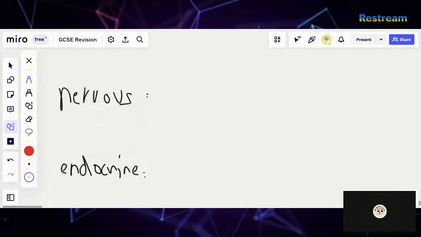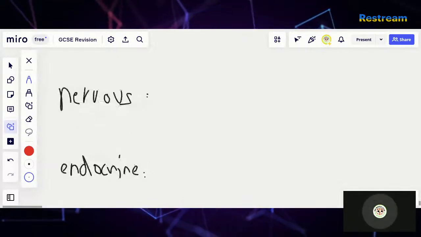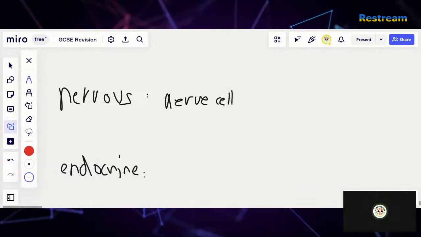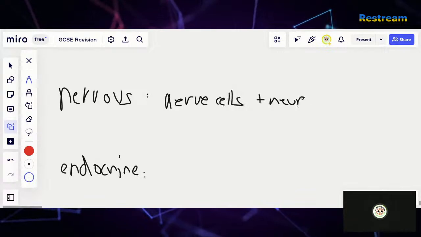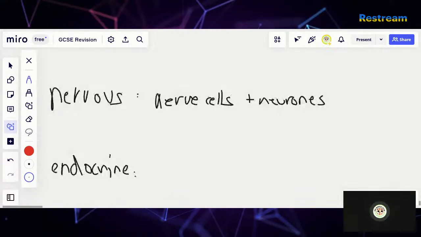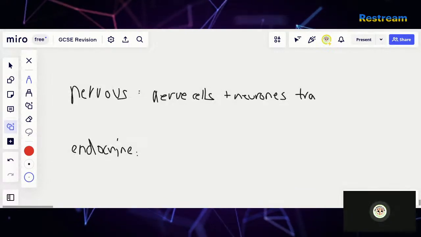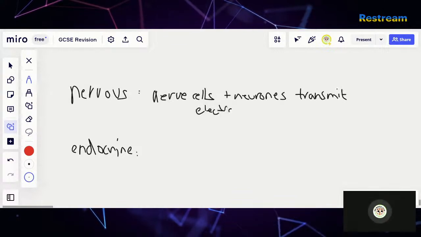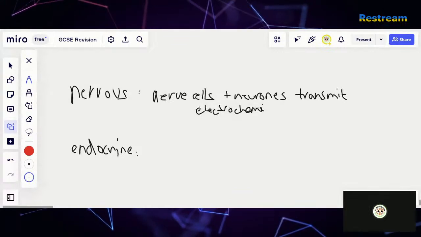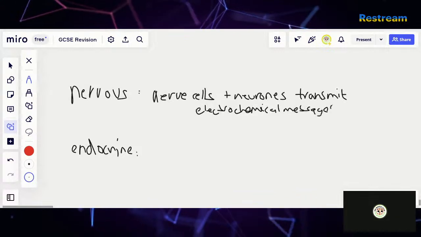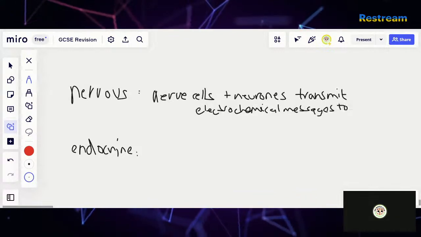The nervous system uses nerve cells and neurons, with gaps between the nerve cells, to transmit electrochemical messages to the brain, to the CNS.